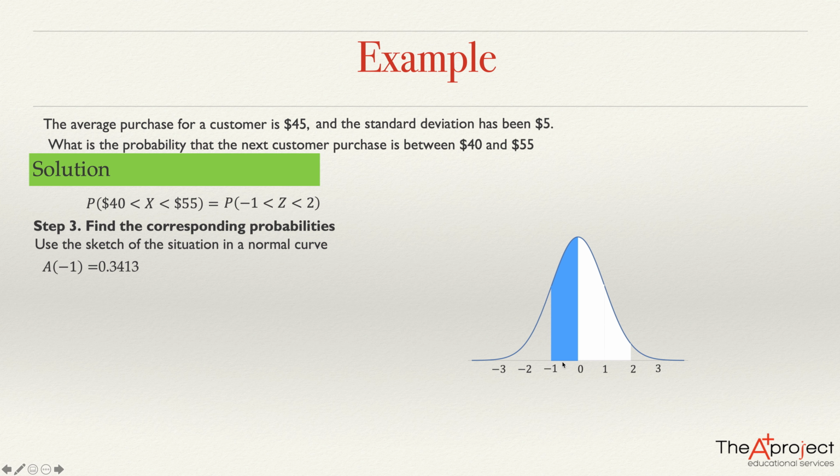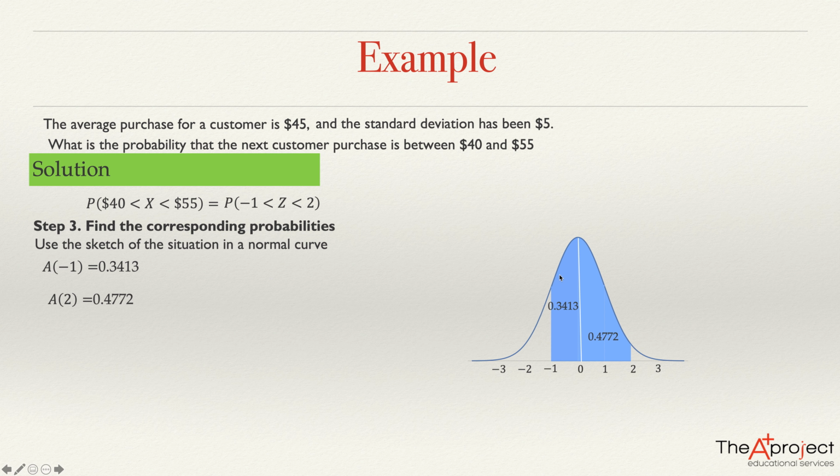Any time you find an area in this table, the area is between the number and 0. So the area corresponding to 2 will be between 0 and 2, all this area. This area is 0.3413, and this area here is 0.4772.